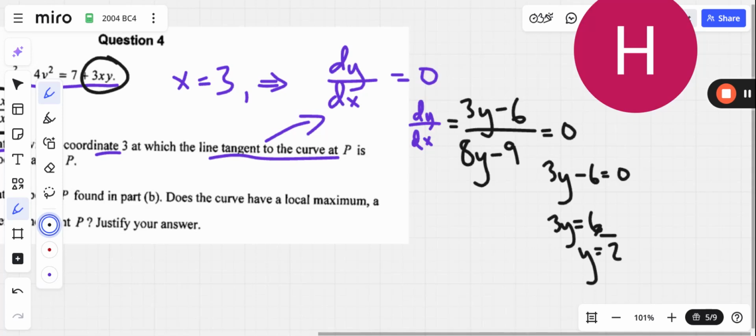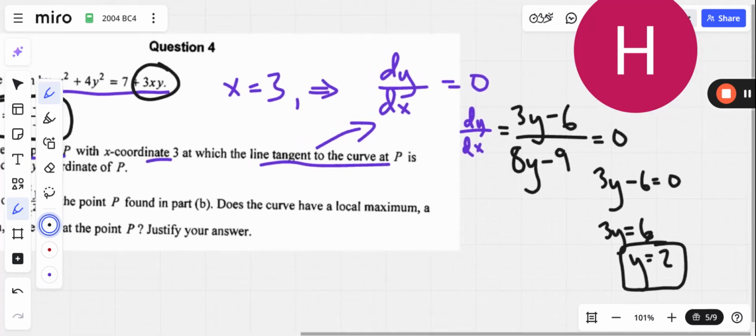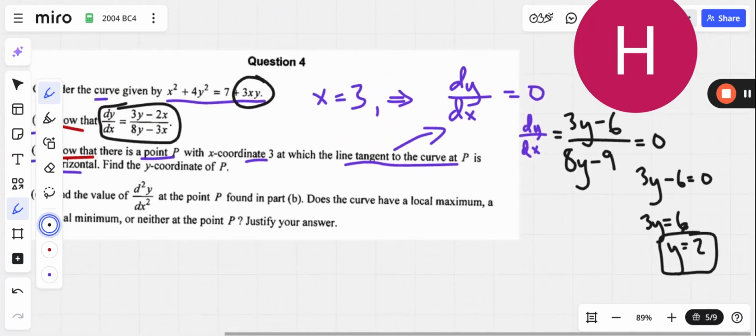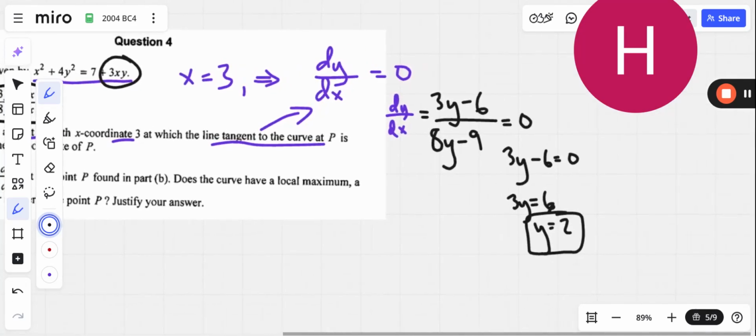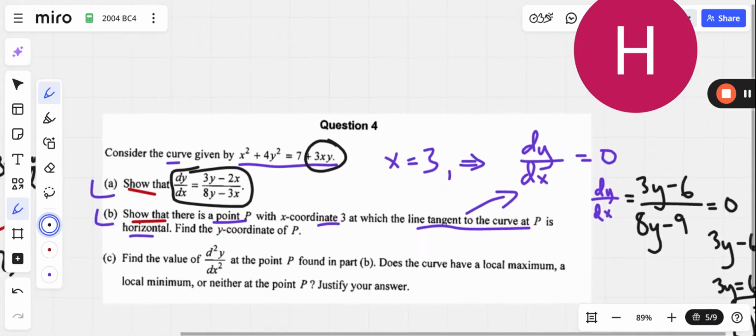Now let's make sure that that point is actually represented on the curve. Because yes, this x and y value would create the slope of 0 for the derivative, but that is already presuming that it's on the curve, so we haven't verified that.